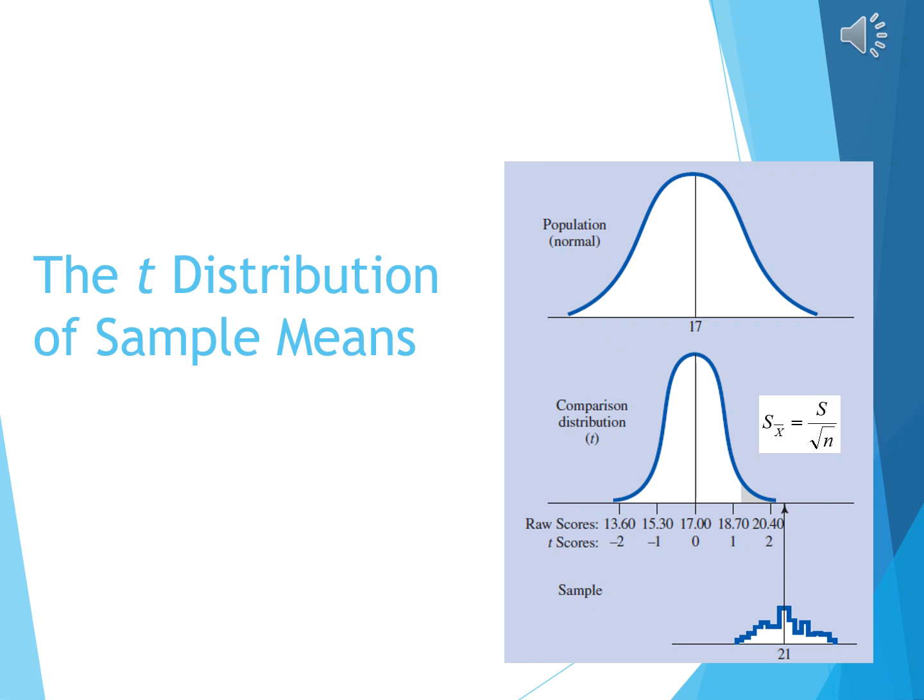But we have to estimate the standard deviation of this t-distribution of sample means now, and therefore the shape of it becomes a little wonky. It's not perfectly normal usually, except in the case when we have a large sample size, which you'll see on the next slide.